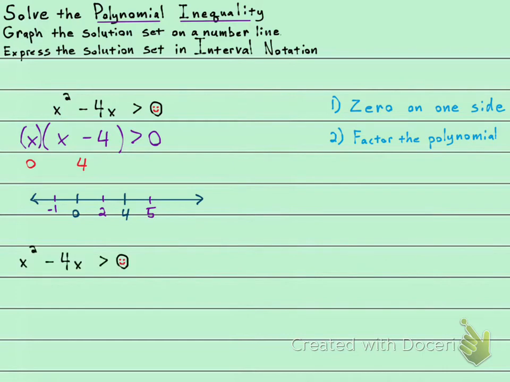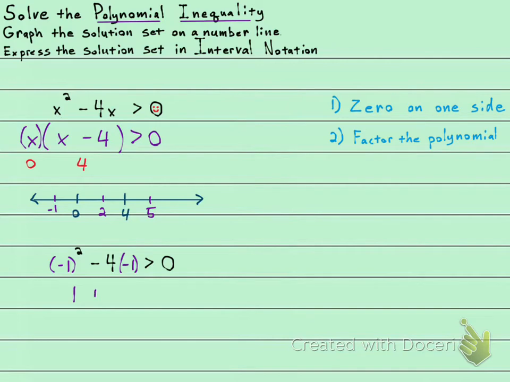put it down here, and let's go ahead and plug in. Instead of x, I'm going to plug in a -1. So here I will have -1 squared minus 4 times -1. -1 squared is -1 times -1, which is 1.